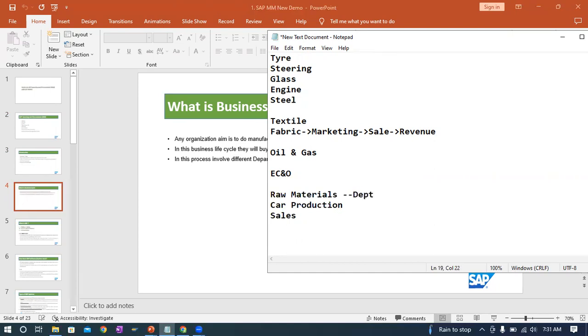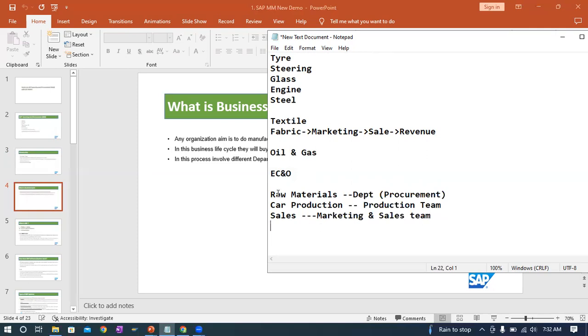We have a procurement department, the production facility is handled by the production team, and for sales we have sales executives or a marketing team. They will handle it.